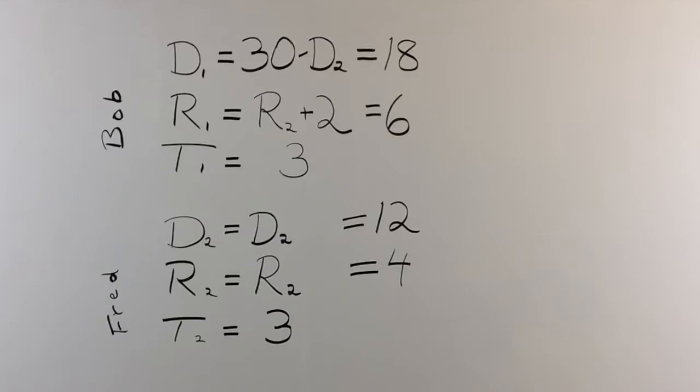And 18 and 12 is 30, which is the distance they were supposed to walk together. And so all of that pans out. All of that looks good. I know that isn't the question, but it's a good way to check your work. And it's a simple way to check your work. I mean, we just did a lot of work, and checking it is real simple at this point. Now let's do another problem.